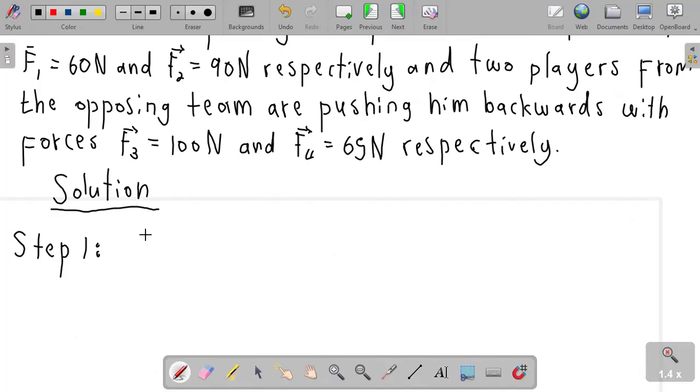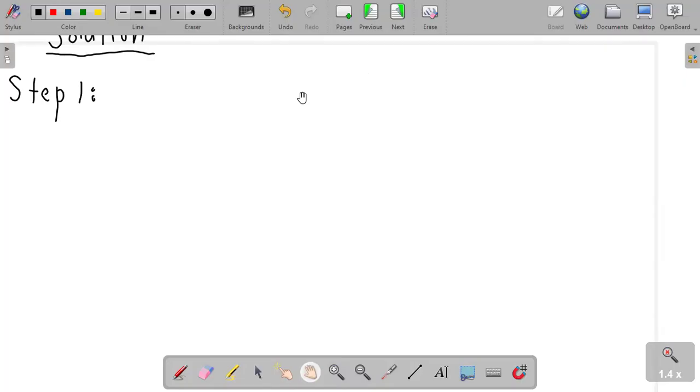What we have roughly is two players: one player pushing that way and another player pushing the other way.